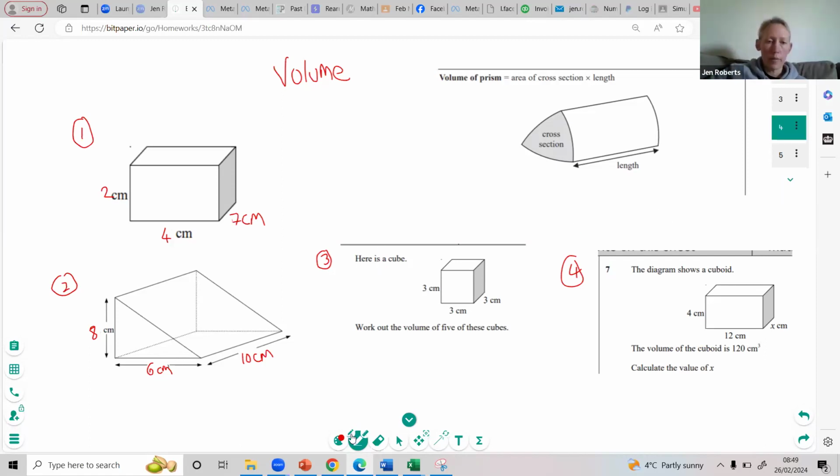Okay, so for this one, got my rectangle here. The area of the cross section is 2 times 4, which is 8. I need to times that by the length. 8 times 7, hopefully you got 56 centimetres cubed. Second one here.